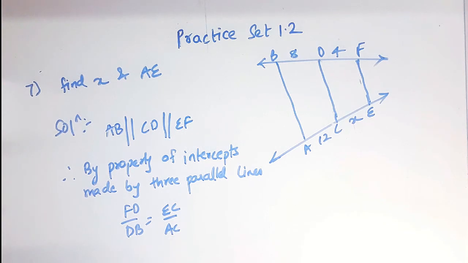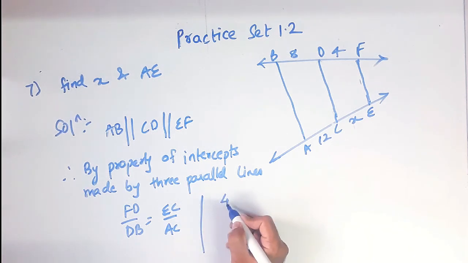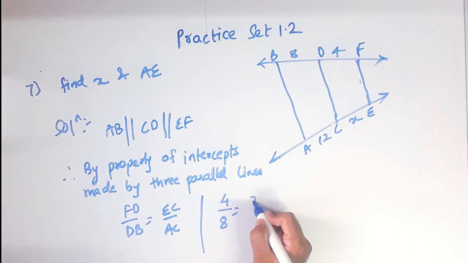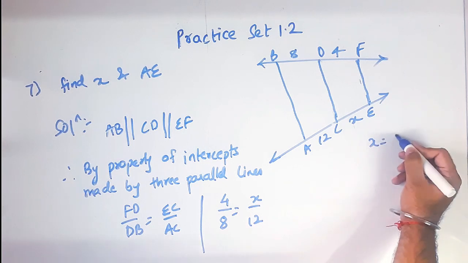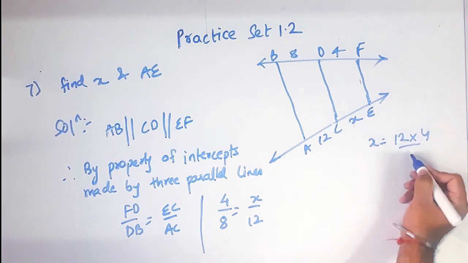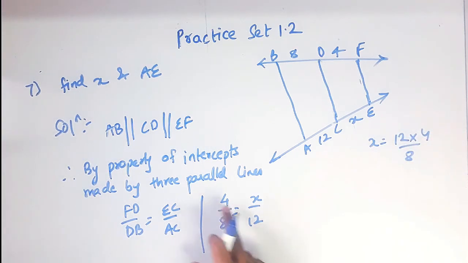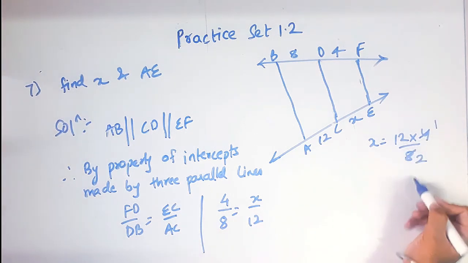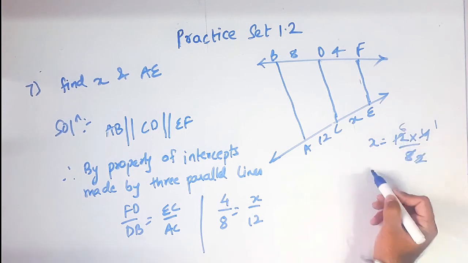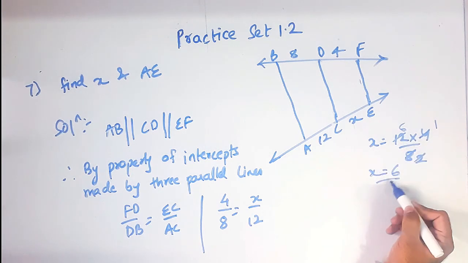Now let us write its values. FD is 4 upon 8, EC is X upon 12. So I will get X equal to 12 into 4 upon 8. 8 will go below. Very easy. 4 1s are 4, 2 1s are 2, 6. How much is X? X is 6.